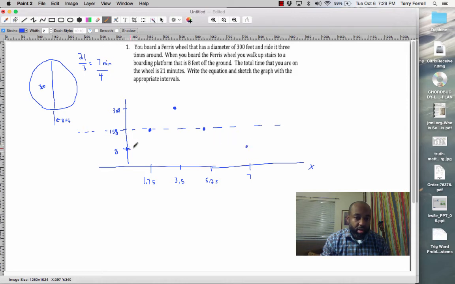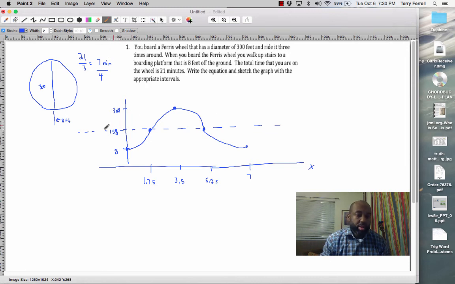So it should look something like this. This is my curve. Something like that. That looks kind of sad here, but it's okay. That's a sketch of your graph. There's nothing else to do there.